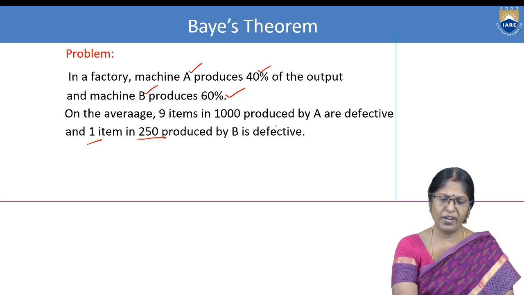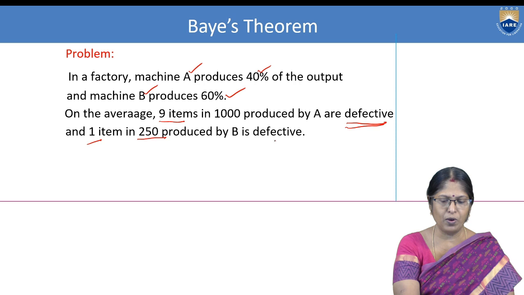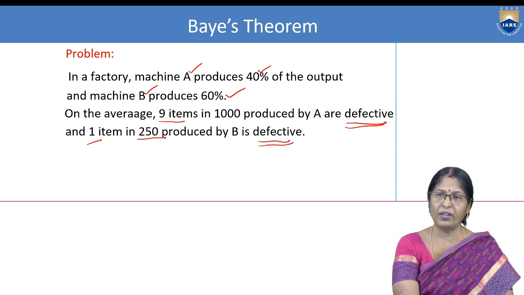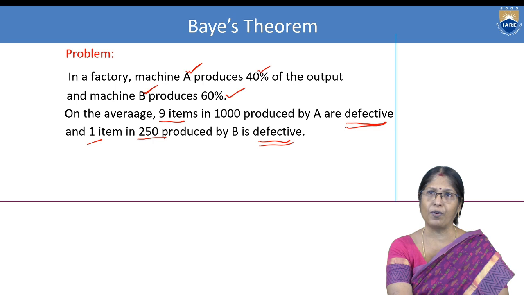Machine A produces 1000 outputs, and in that 9 items are defective. Even B has defective items. We take the defective as an event and give it a name. That event intersects with both machine A and machine B, so this problem fits the Bayes theorem formula.